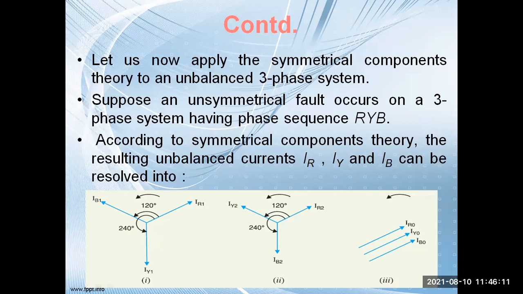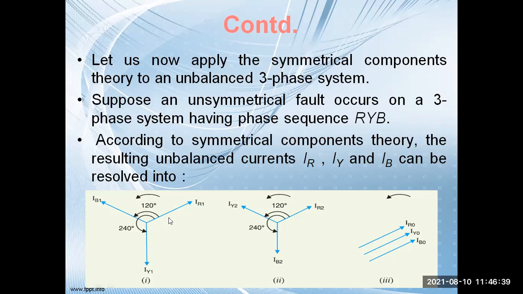Suppose an unsymmetrical fault occurs on a three-phase system having phase sequence RYB. According to the symmetrical component theory, the resulting unbalanced currents IR, IY, and IB can be resolved into three components. We know that any unsymmetrical current can be decomposed into the positive sequence, the negative sequence, and the zero sequence. So how will we give this notation?